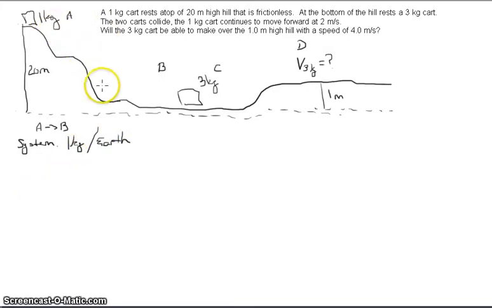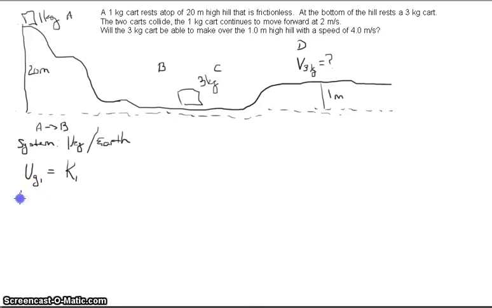That gravitational potential energy will be transformed into kinetic energy, and we can find the speed of the 1 kilogram cart right before the collision. So UG of the 1 kilogram cart at the top of the hill will equal the kinetic energy of the 1 kilogram cart at the bottom of the hill. This will enable us to determine the speed of the 1 kilogram mass right before the collision.